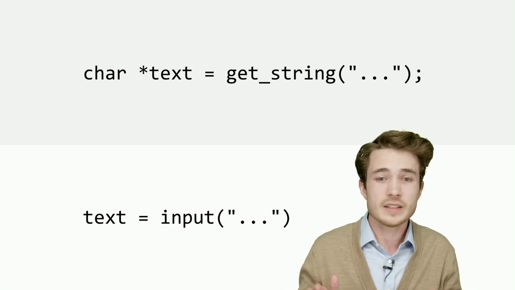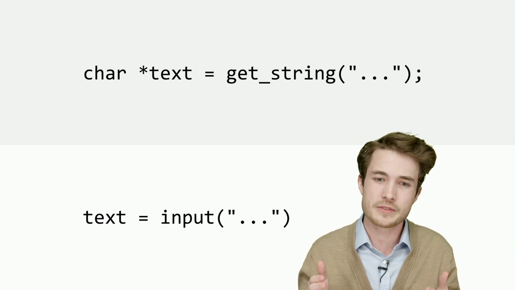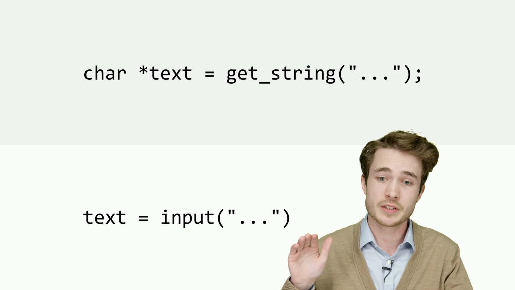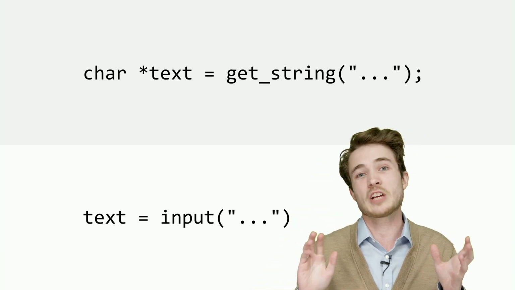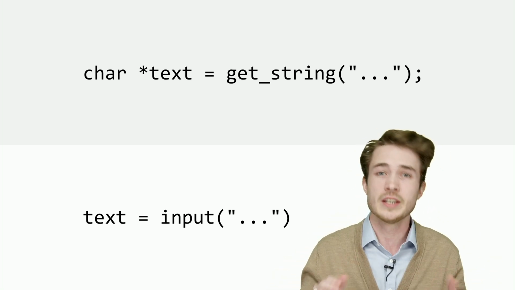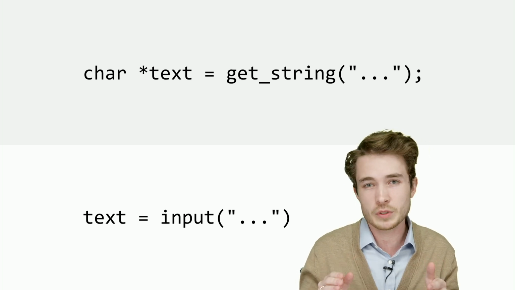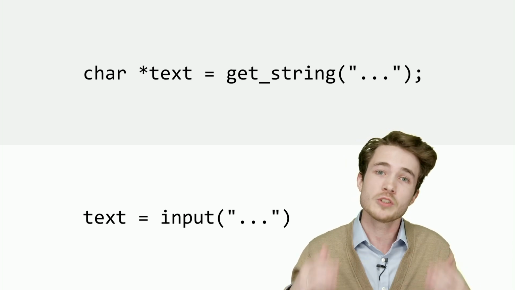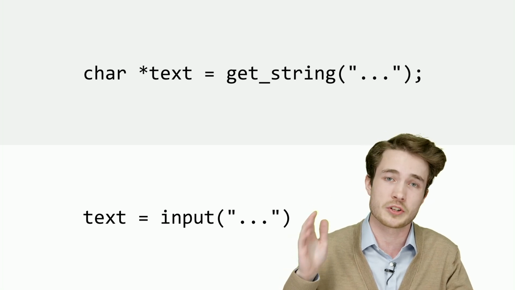So maybe you noticed that in Python, we no longer have to say the type of the variable we're working with. So down below, we're still working with strings, as we are in the top piece of code. But notice how in Python, we just get to say the variable name, like just text, right? Not string text, not char star text, just text. And so C is what we call a statically typed language. We have to declare the type before we use it for a given variable. Like text has to be declared as a string or a char star.